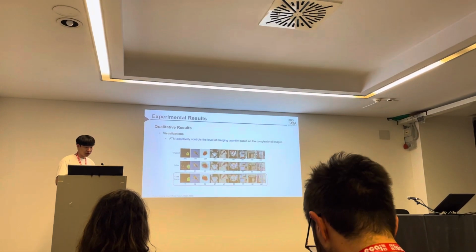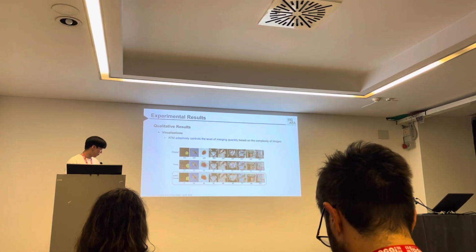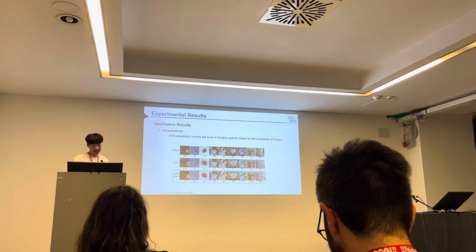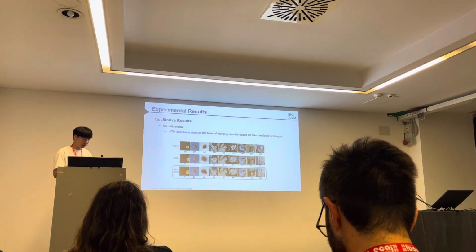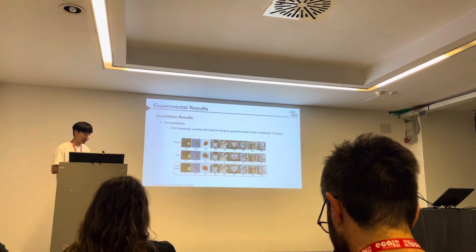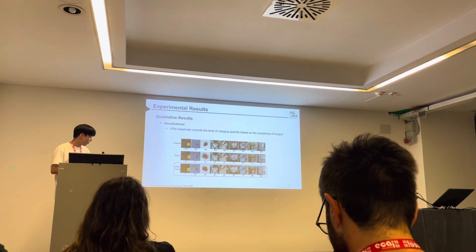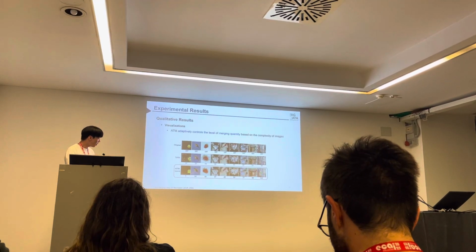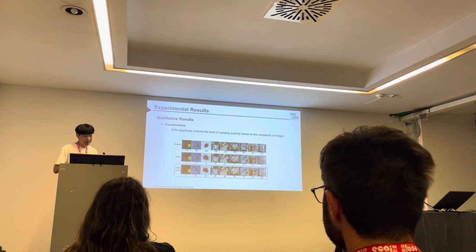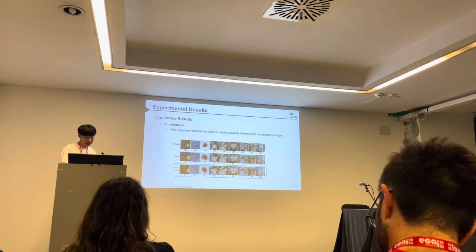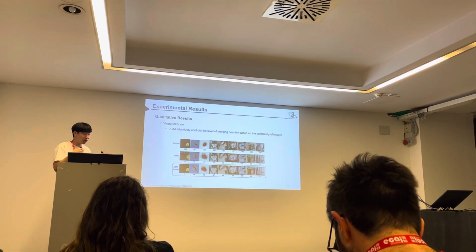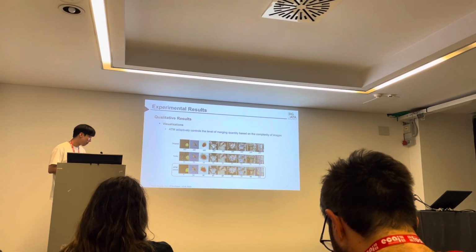And this slide shows the visualization results. In this figure, original refers to the input image, ToMe refers to the baseline static top-k merging method, and ATM is our method. As you can see, ToMe merged the same number of tokens regardless of the input image. The number below each image represents the number of remaining tokens after merging.